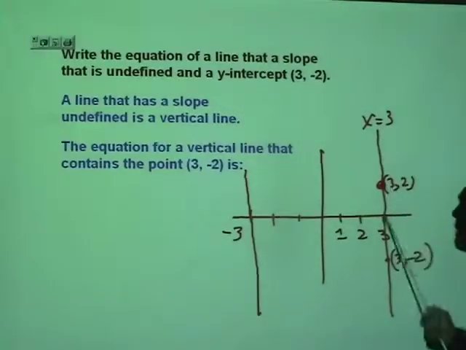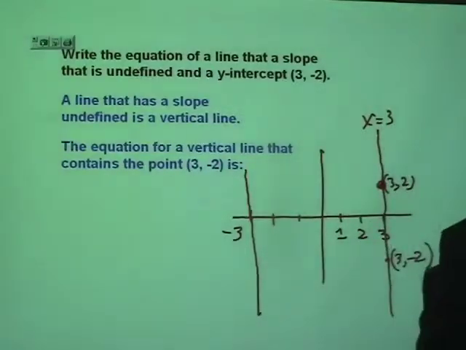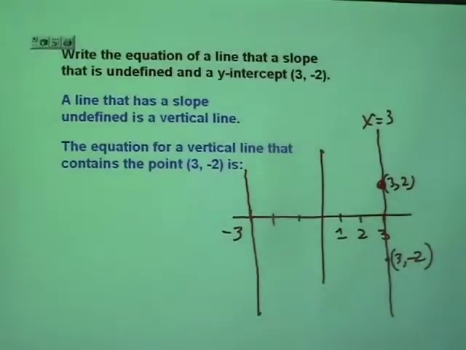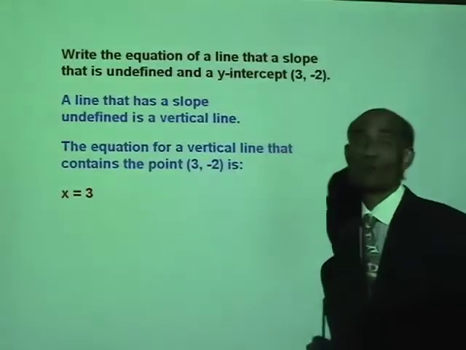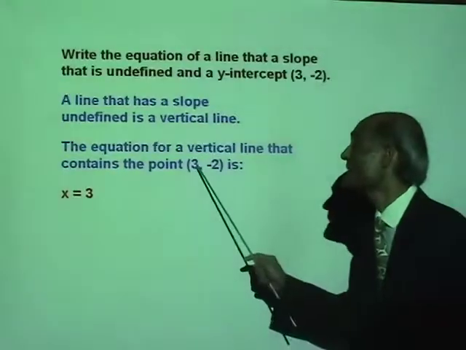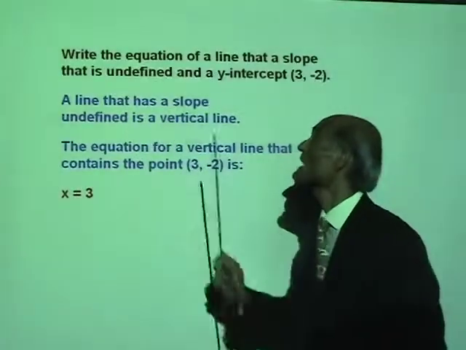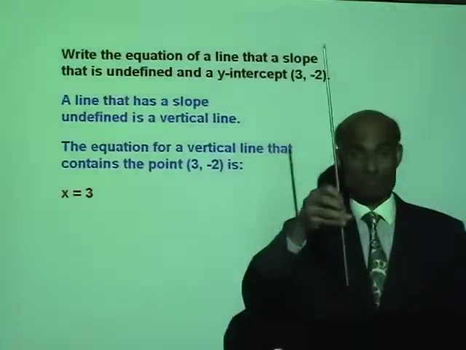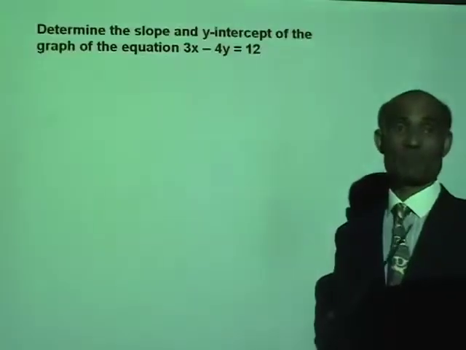That means the equation of that line will be x equal to 3. Okay. So, the equation of the line that contains the point 3, negative 2 and having an undefined slope, a vertical line, is x equal to 3.